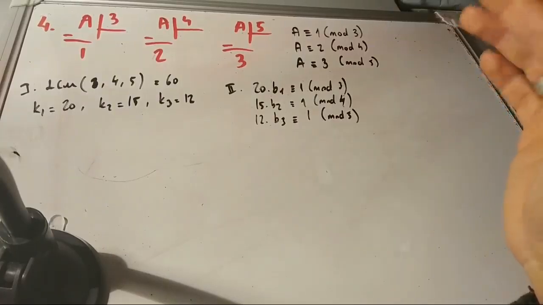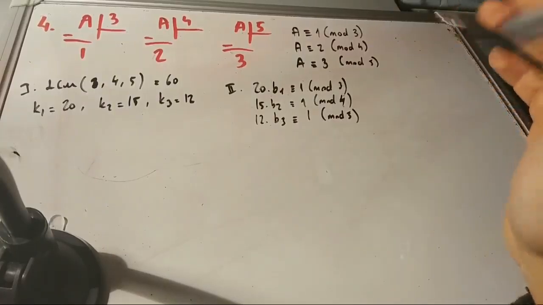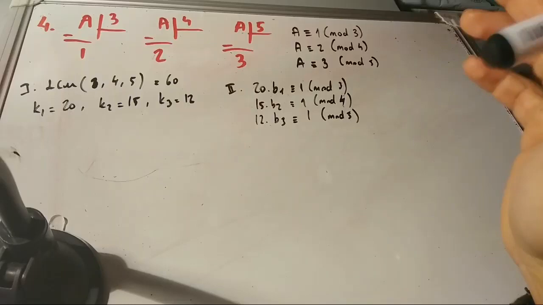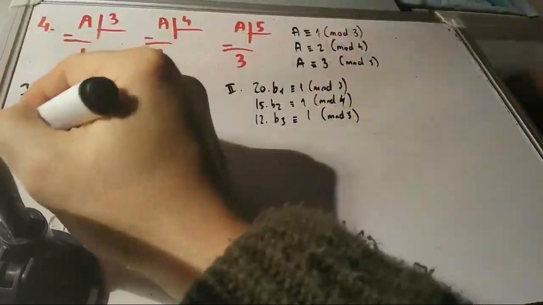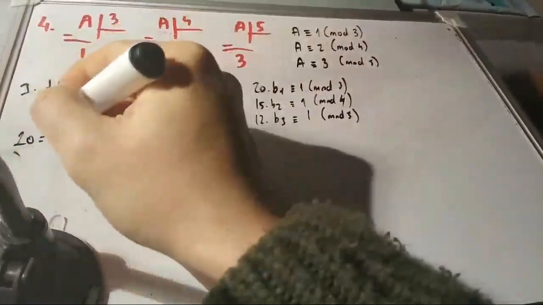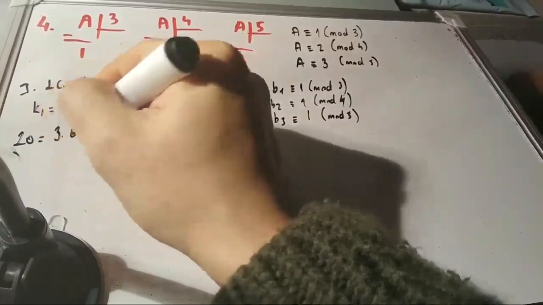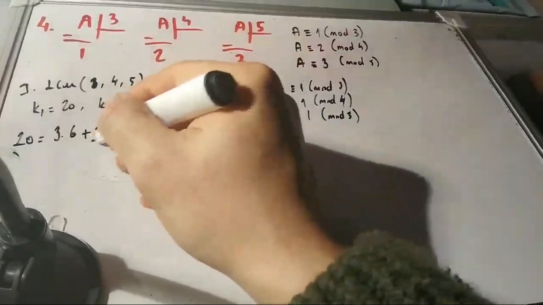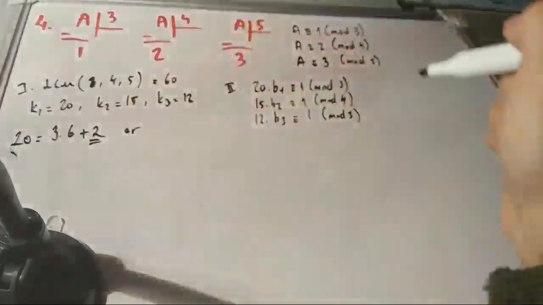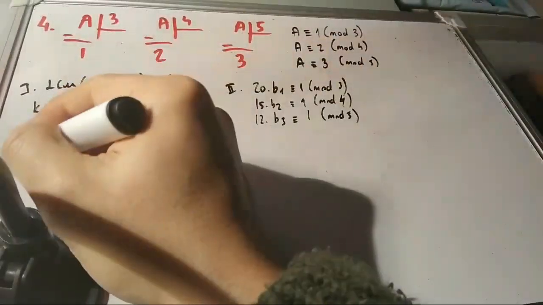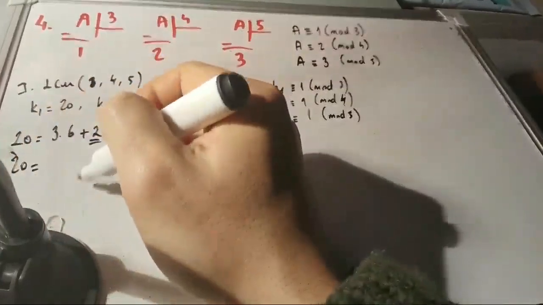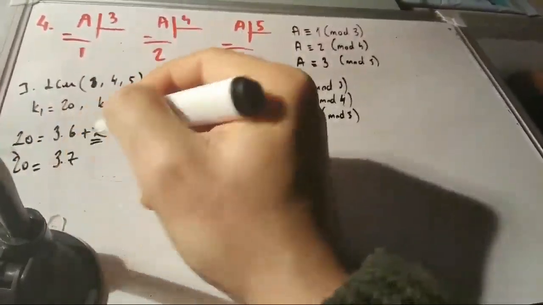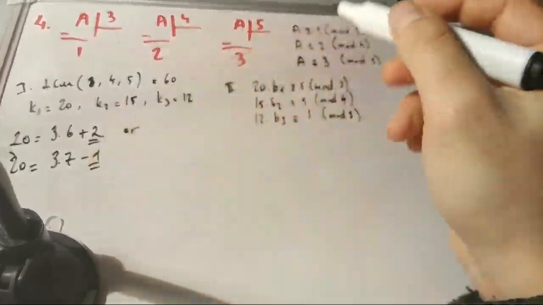Tell me the remainder. 20 is equal to 3 times 6 plus 2, right? The remainder is 2. Or 20 is equal to 3 times 7 minus 1, and the remainder is negative 1.